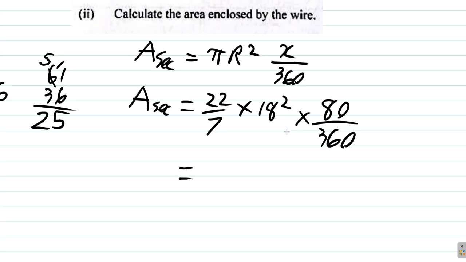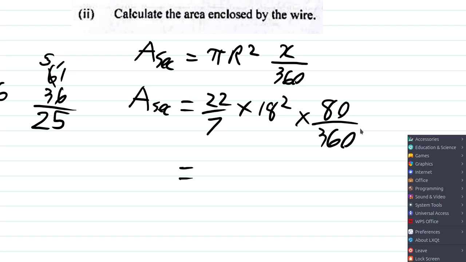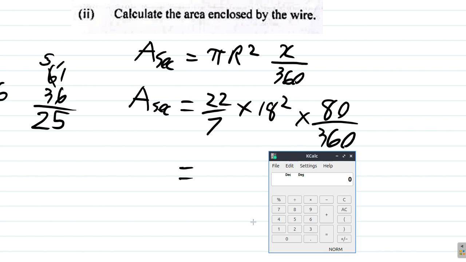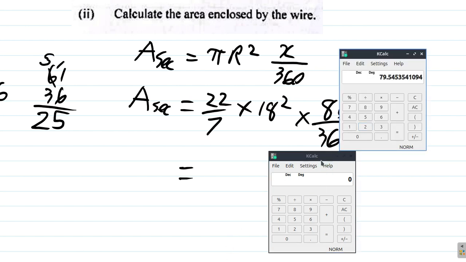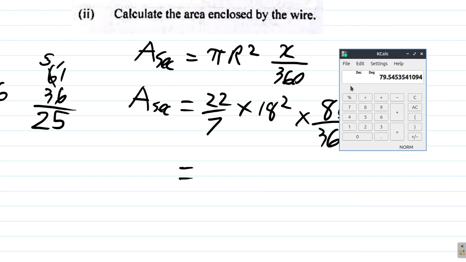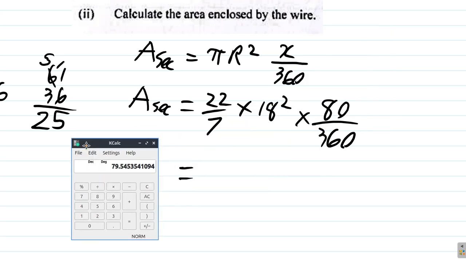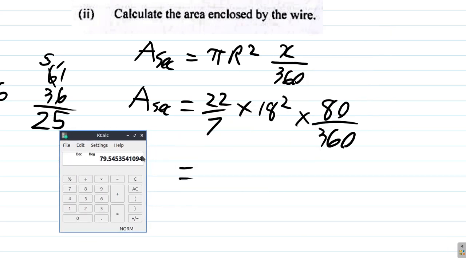Let's see how this goes. Let's use our calculator and work it out. I still have a 79 point something, divided by 80, no, not divided by 80, I need to restore it.